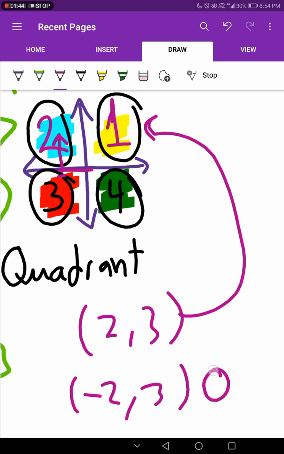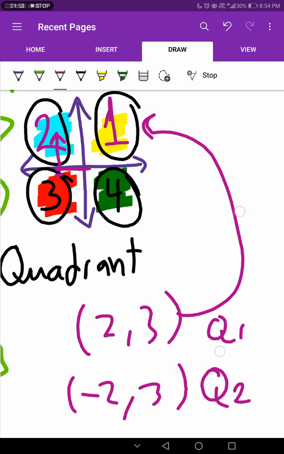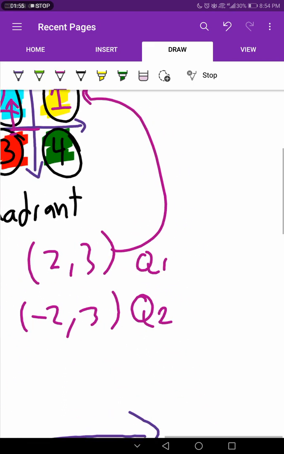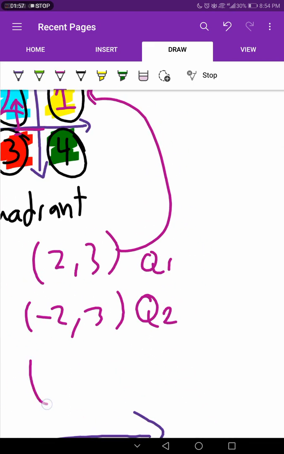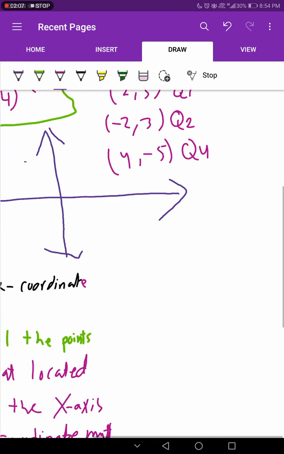Yes, it is quadrant number 2, and here quadrant number 1. Can you give me any point come in quadrant number 4? Yes, it is easy. 2 and negative 3, for example, or any number. 4 and negative 5. It is come in the fourth quadrant. Okay, boys?